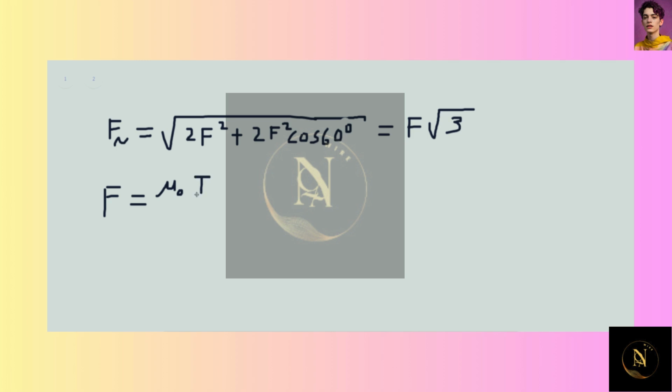We call this current I prime to separate it, since it's different from the other I. So it's I prime, the current through the suspended wire, times one of the currents through the bottom wires. It's the same in both cases. They're both I, divided by 2 times pi times the distance we're considering, L.